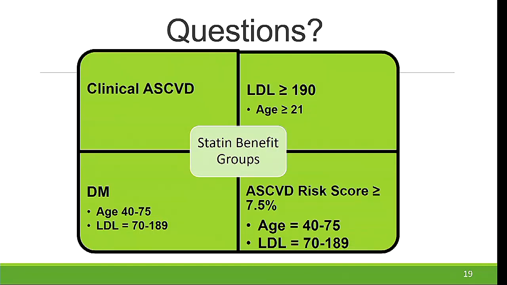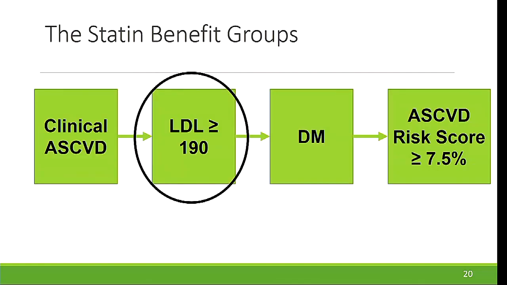All right, so like I said, they've got one of those events that happened. They're over the age of 21, and then we break them off at 75. So the next group we're going to talk about is the LDL over 190 group. Like I said earlier, this is a progressional type thing. If you've got a patient whose LDL is 210, but they've had a heart attack in the past, they fall into the clinical ASCVD group, not the LDL group.